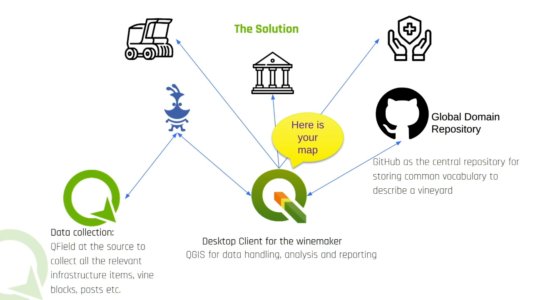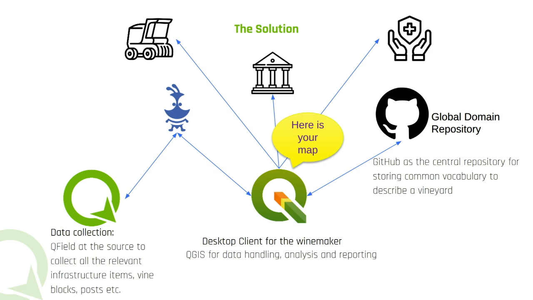So we built up all this system just with the tooling that we had, with a lot of know-how, obviously, that we have about QField and QGIS, which makes us very efficient with what we're doing. What we did is it does data collection in QField. It does all the relevant things: infrastructure, vegetation, and so on.